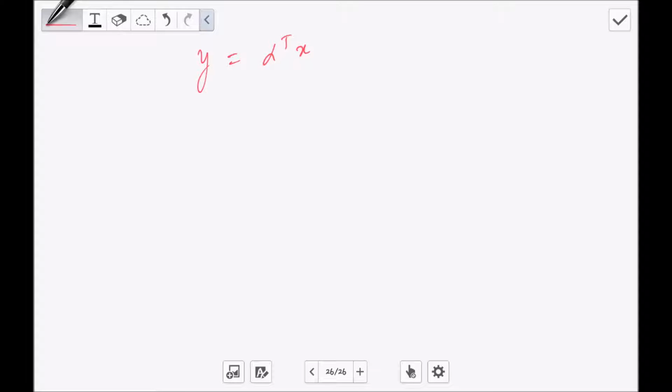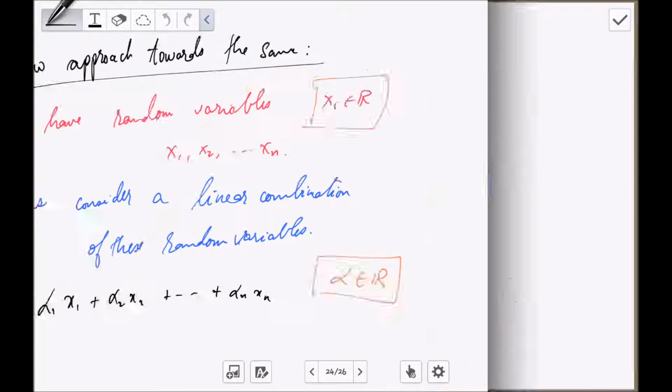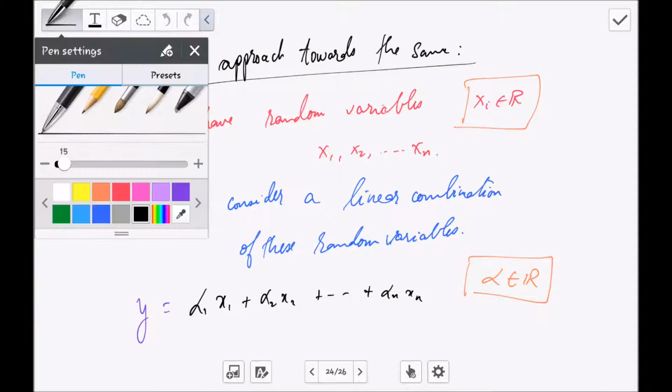Now let me say I want to find the variance of y. What will the variance of y be? It will be E of y minus E of y, the whole squared. This is the variance of a random variable. Now let me say the x's were not zero mean random variables.